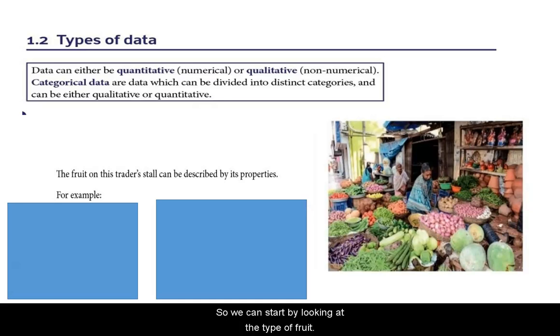So we can start by looking at the type of fruit. The type of fruit is important. If we look at the type of fruit, we can look at the color as well.